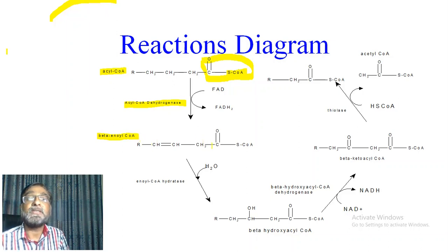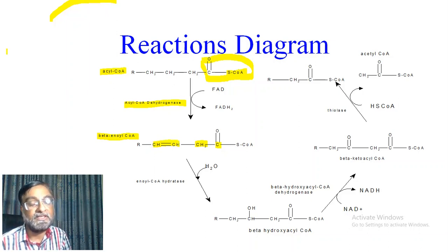How? What is the change? A double bond is generated on the second carbon. This was the first carbon, this was the second carbon. This is called the alpha carbon, this is called the beta carbon. So at the beta carbon, there is a generation of the double bond.